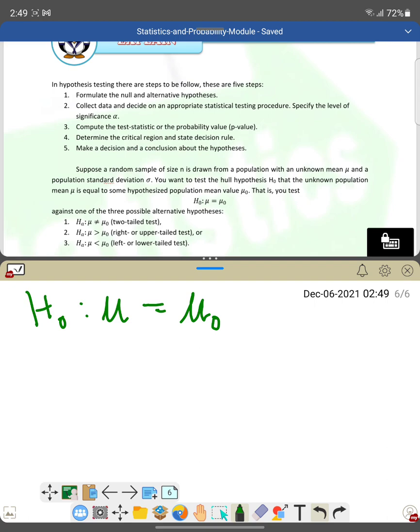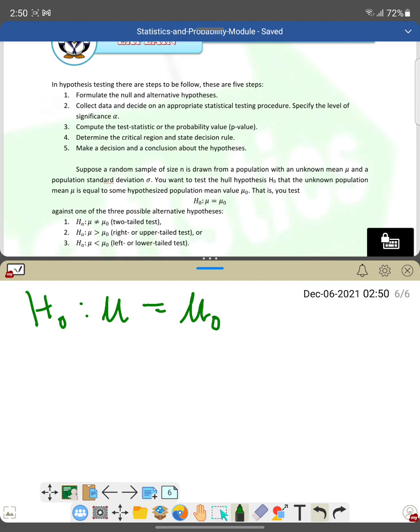Okay, second and third are what we call directional. Specifically the right-tailed test, otherwise known as the upper-tailed test, which is given by the symbol greater than. That means the population mean is greater than the hypothesized population mean. So what's the difference between the population mean and the hypothesized population mean?